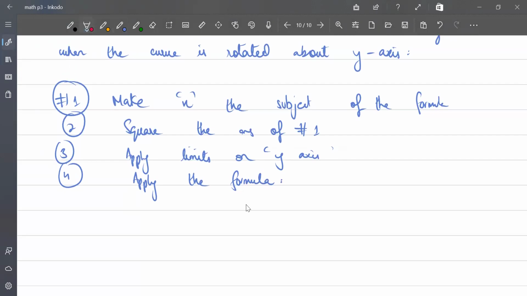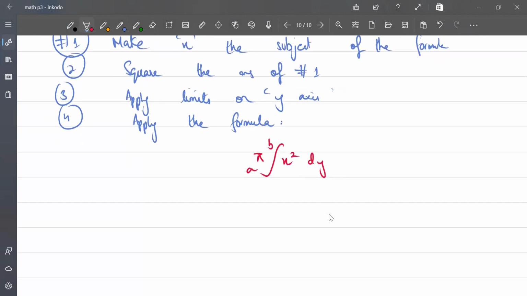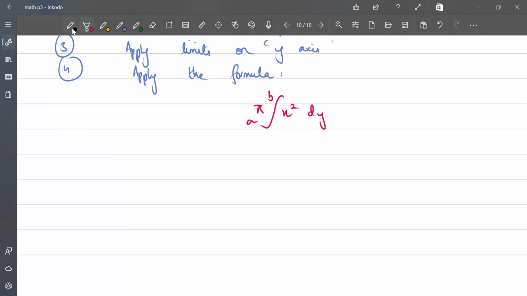This is the formula: integral from a to b of pi x squared dy. Let me give you a visual. What does rotation on the y-axis mean? Let's say this is A and this is B and this is the curve.